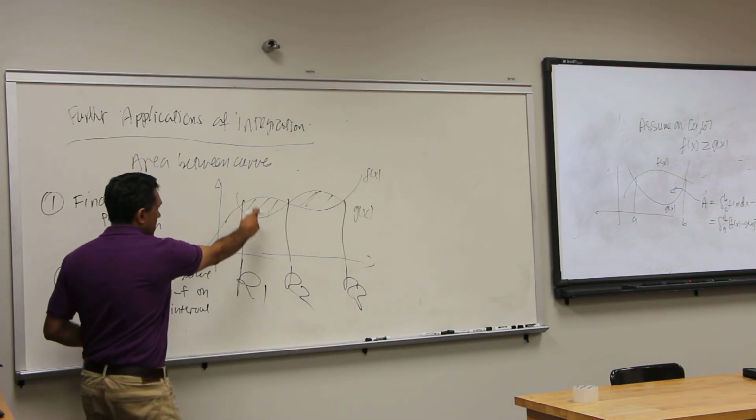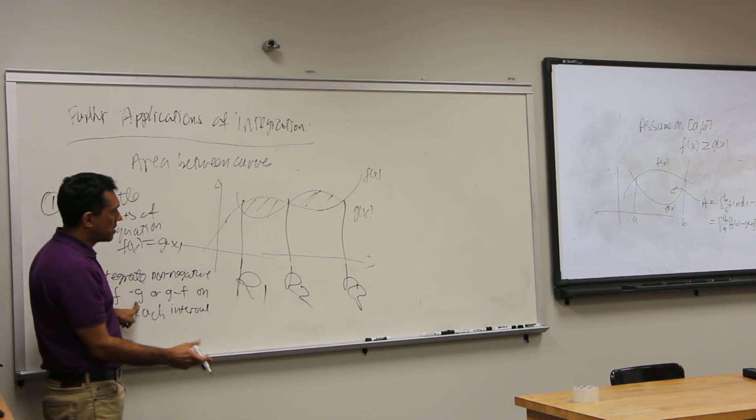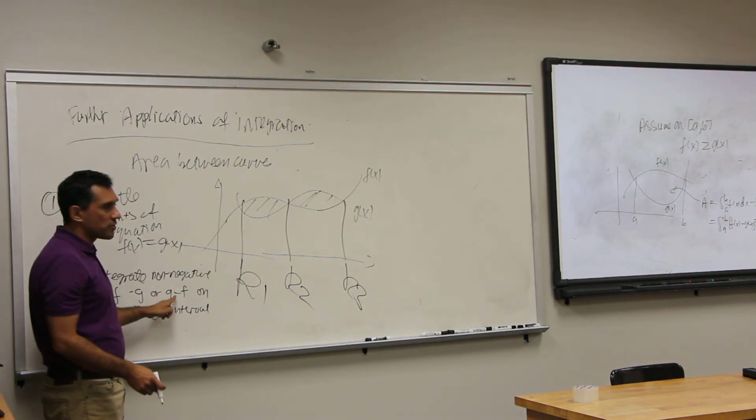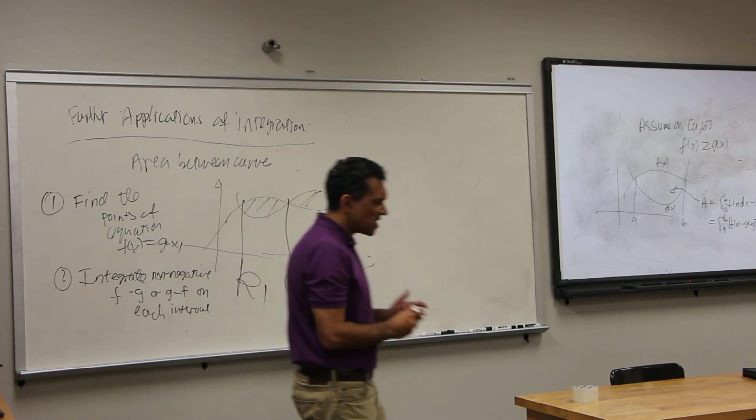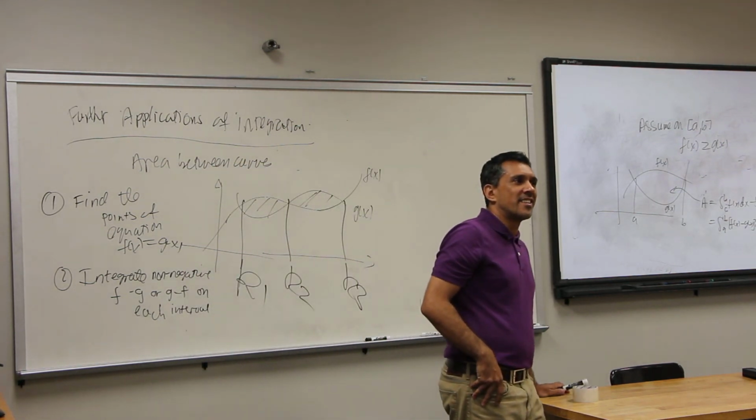So if on this interval f is bigger than g, then you do f minus g. If on this interval g is bigger than f, then you do g minus f. Ms. Yasmin, I think we also did this in calculus 1. No?